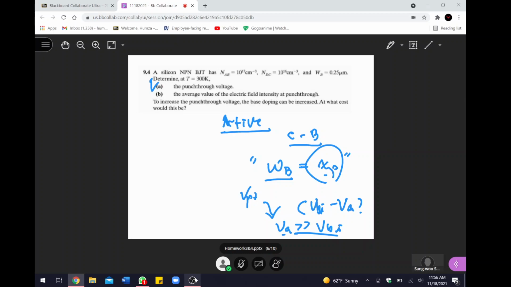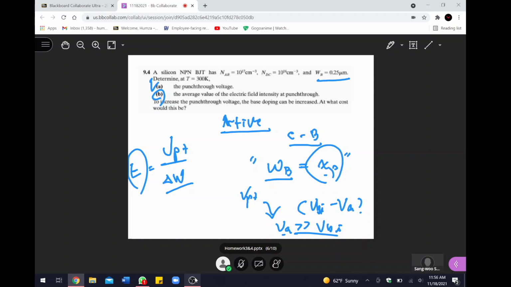And then the second question is, when the device reaches punch through, what will be the average value of the electric field? You have the voltage, and the average is over the base width defined by this value. Then you can get the electric field.